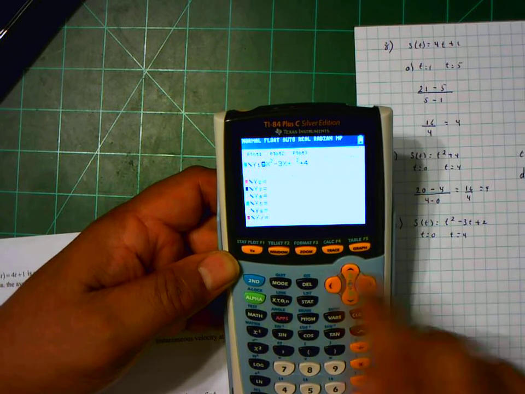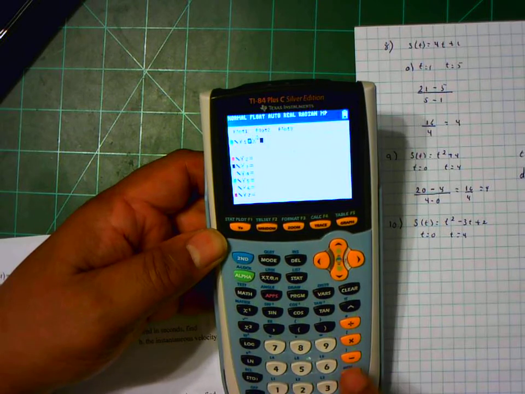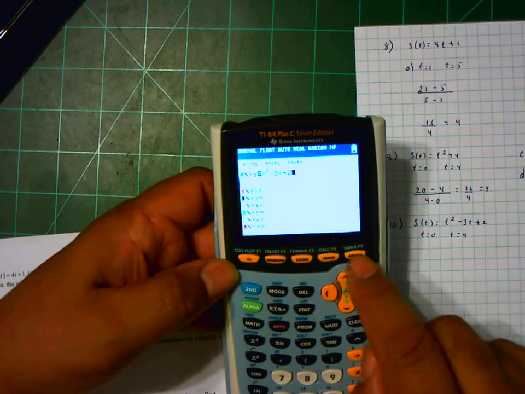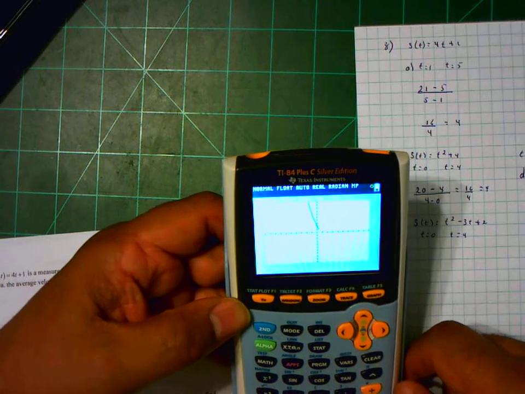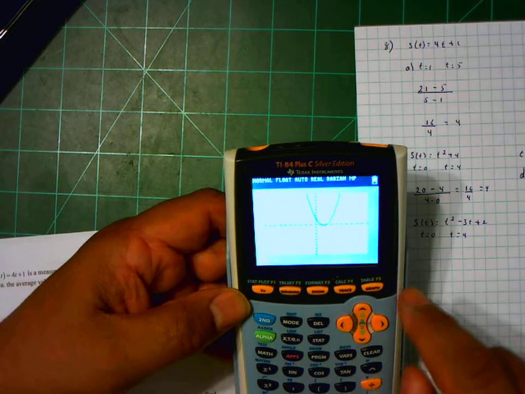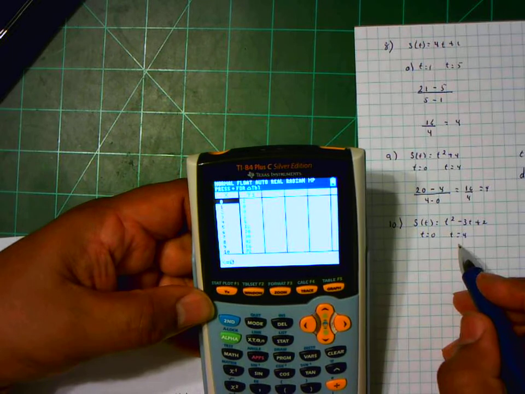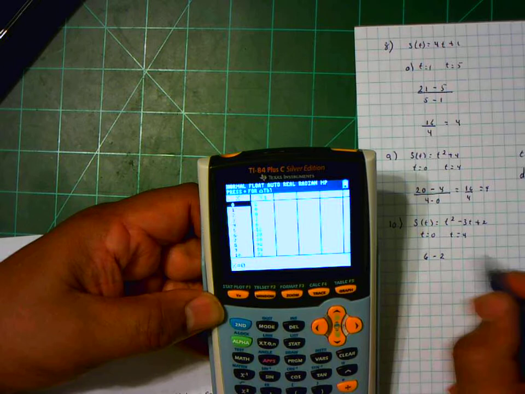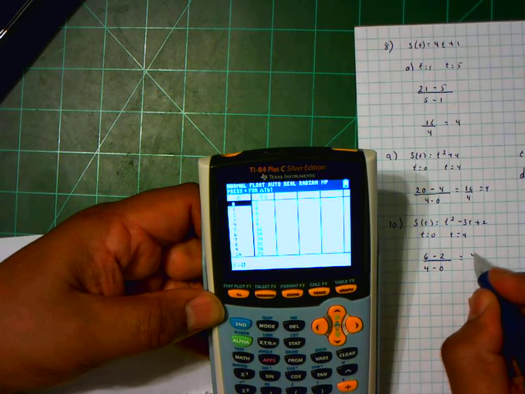Let's graph it. I'm going to look at the table. And I need 4. That's going to be 6. 0 is 2, over 4 minus 0. This becomes 4 over 4, which is 1.